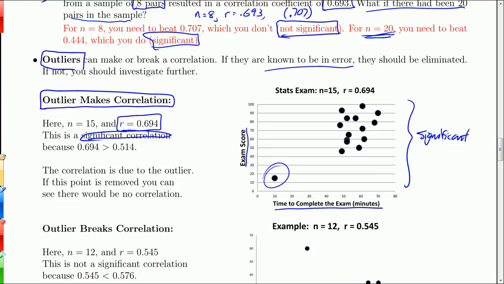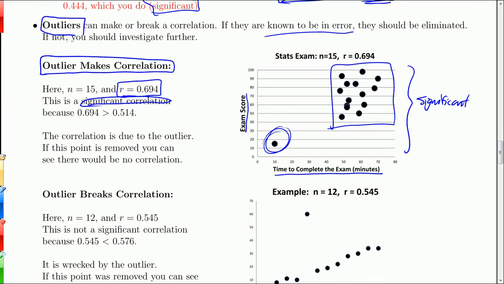If you look at the rest of the class, draw a little box, you can pretty much guess that that is not going to result in a significant linear correlation. It's the outlier here that made that correlation. So that was sort of a fake correlation. Even though it came up as significant, it was due entirely to this one outlier.